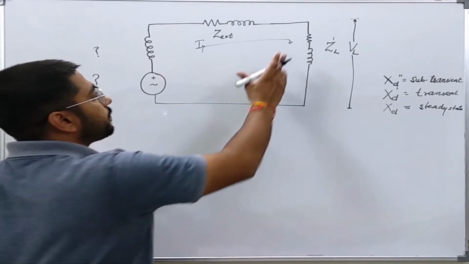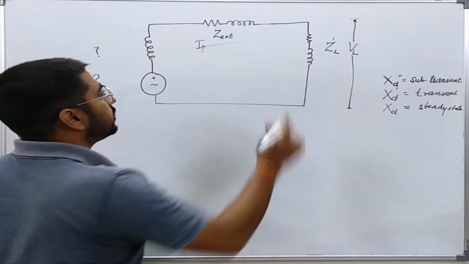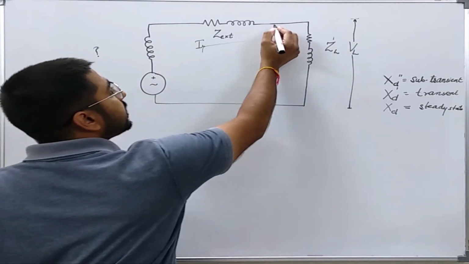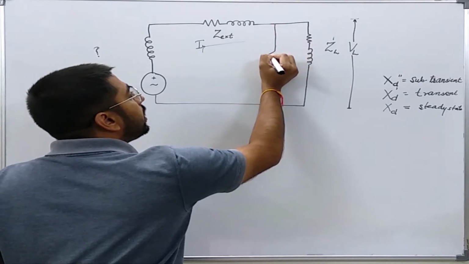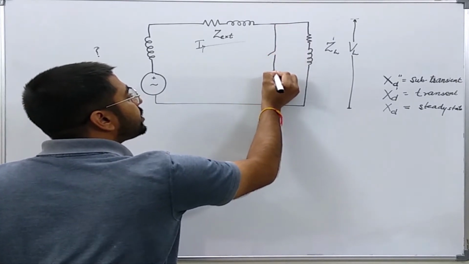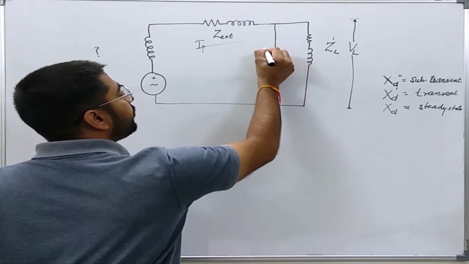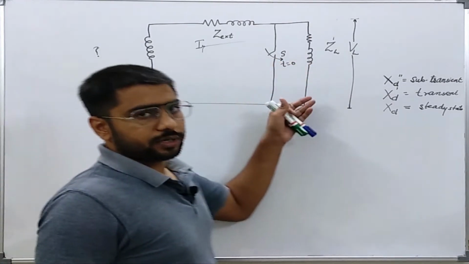Okay, now we are going to consider a case when there is going to be a fault on the system. If I want to simulate a fault through this system, let us say at the terminals of the load, I connect a switch S, which closes at t equal to 0, that is the time of the fault.